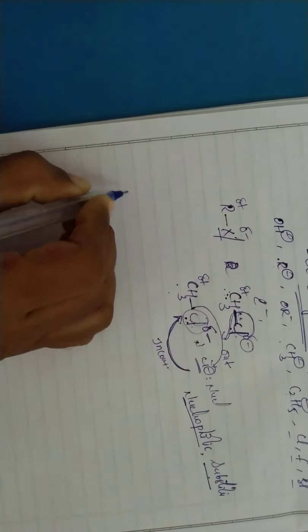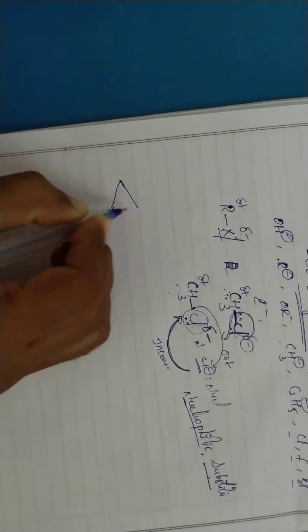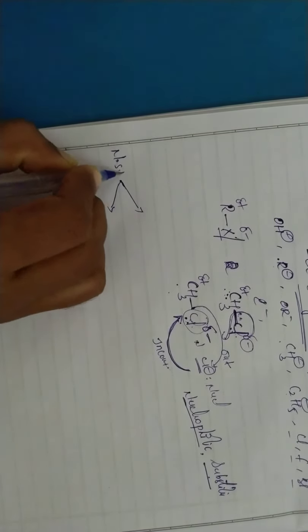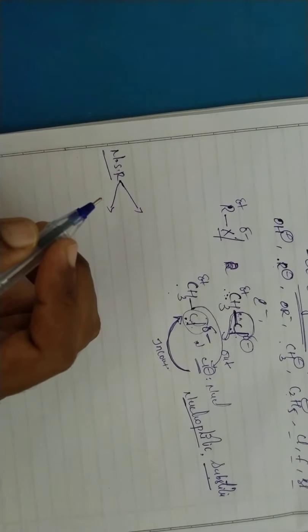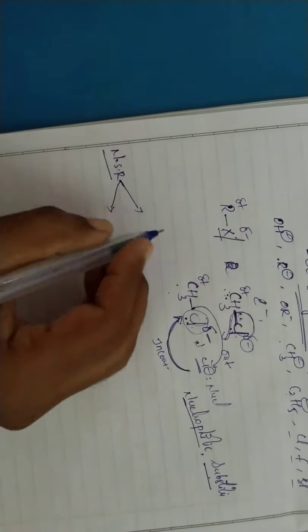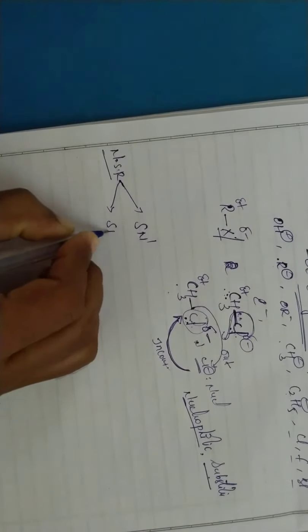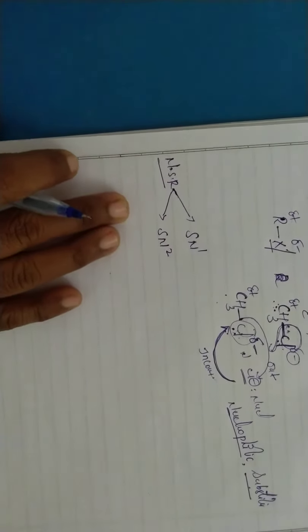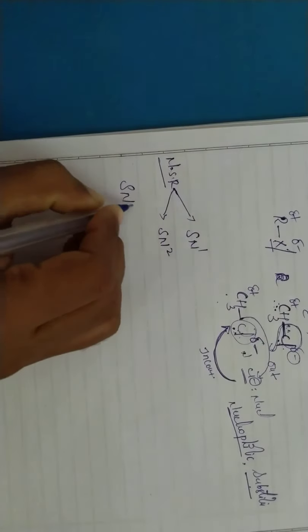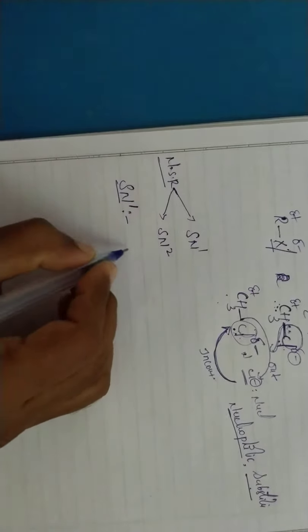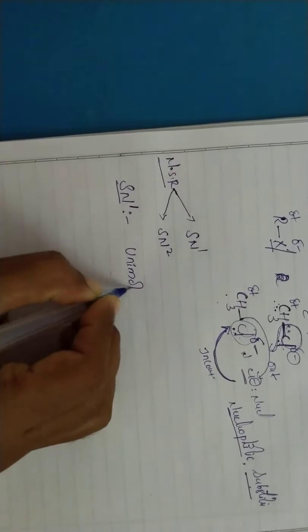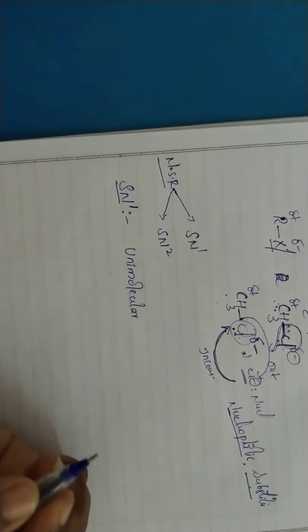Again, these nucleophilic substitution reactions, NSR, are divided into two types, that is SN1 and SN2. First one is SN1 and second one is SN2. We'll see one by one. First of all we will discuss SN1. Here 1 represents unimolecular.